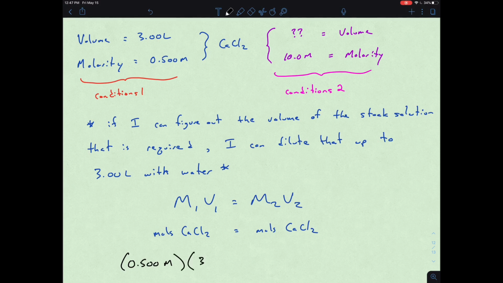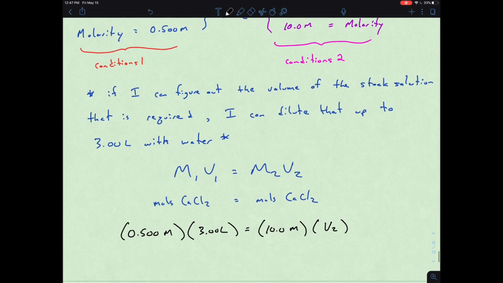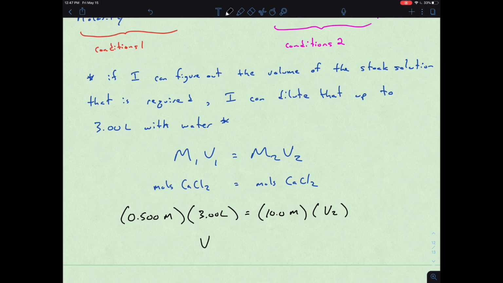I have my volume of 3 liters. I have my 10 molar for the stock solution. And what I'm trying to solve for here is V2. And so if I solve, I get a V2 equal to 0.150 liters.